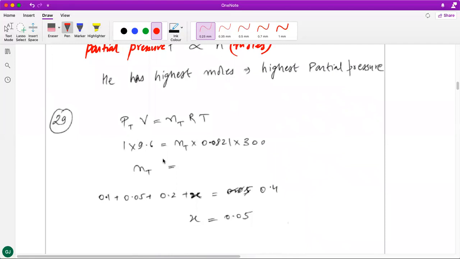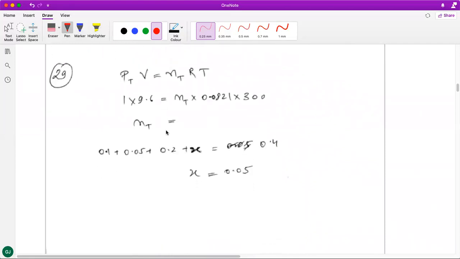All right, then 29th question. Again, you have been given a whole mixture of gases, and we have been given moles of some of them, and you have been given the total pressure that is exerted at certain temperature and volume conditions. So as we have learned in our theory part, the ideal gas equation is also applicable for a mixture of gases, right?